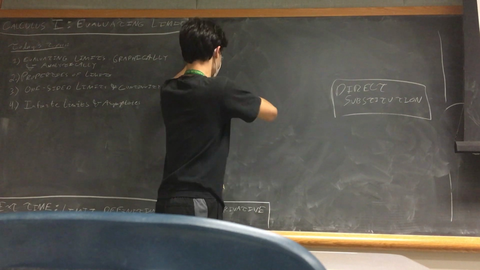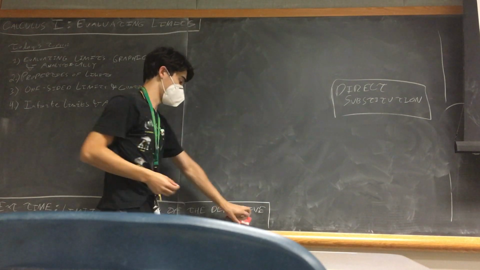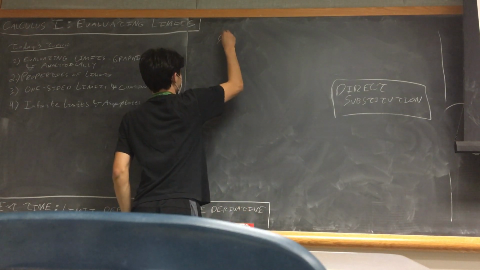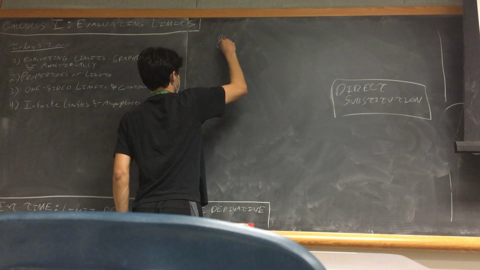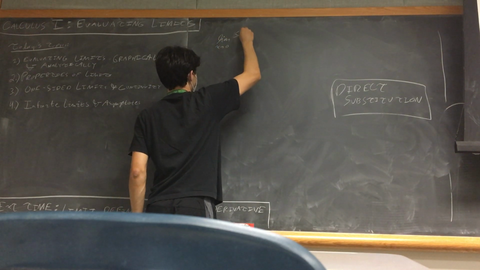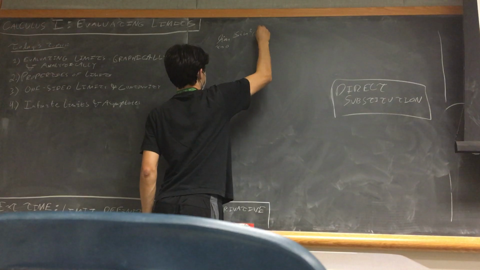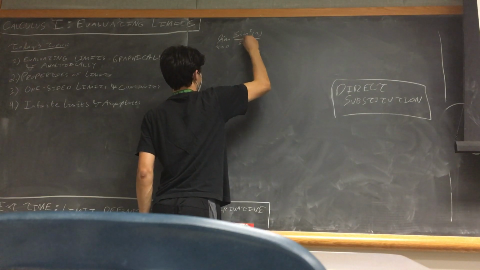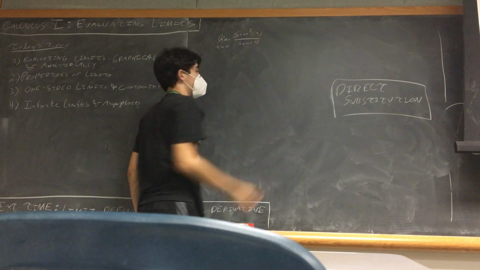Actually, let me write this a little smaller and up here so that I can draw the graph. So we want to take the limit as x approaches 0 of sine squared x divided by sine of x.